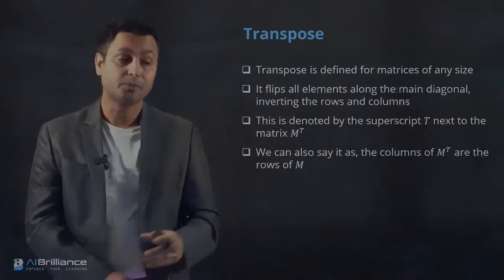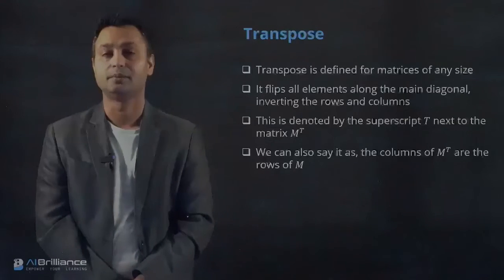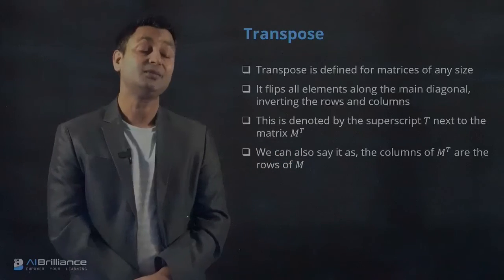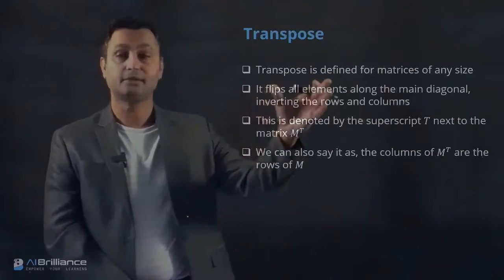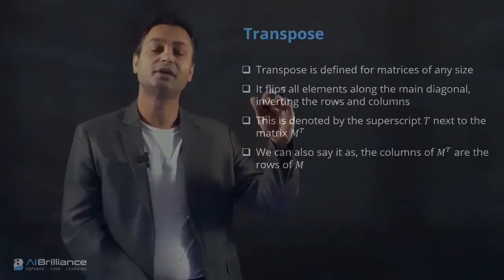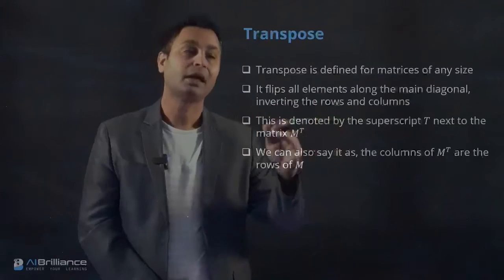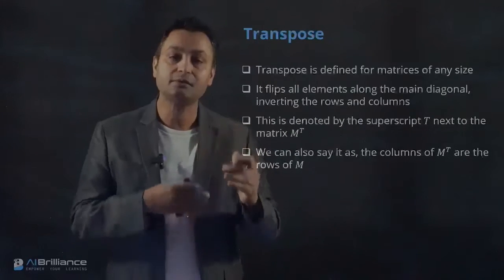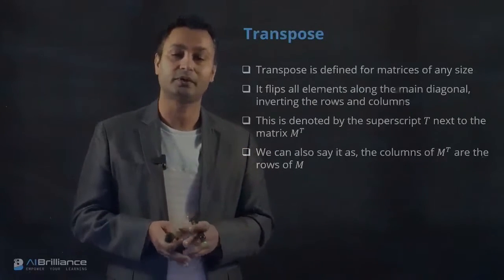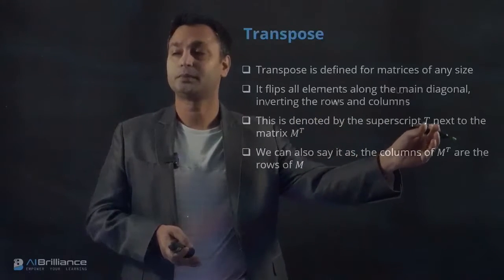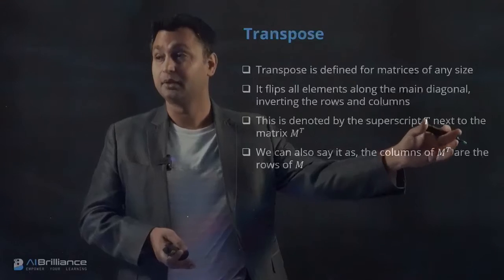The second important operation with matrices is that we can transpose them. Transpose is defined for a matrix of any size. What it essentially does is flip the elements along the main diagonal, so in a sense it inverts the rows and columns of a given matrix. This operation is denoted by a superscript capital T next to the matrix.